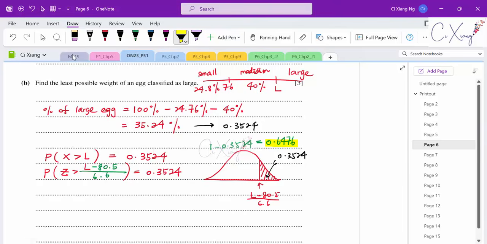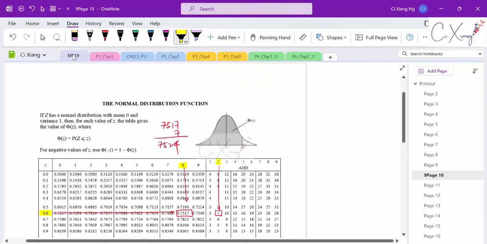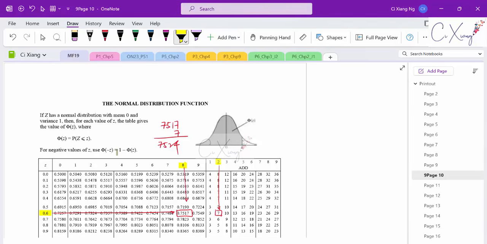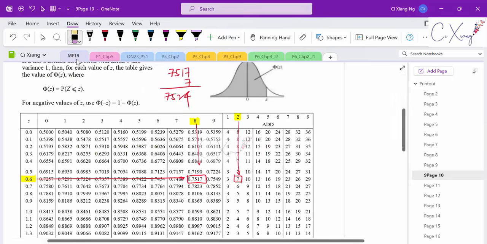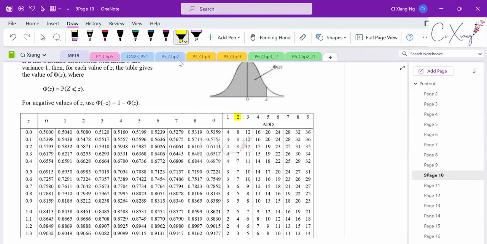Looking for 6476, where is it? Please find the value from the probability part of the table. Look for a value smaller than 6476 but closest to it. That should be 6443, because 6480 is already more than 6476, so I use 6443. The value of Z for 6443 is 0.37.